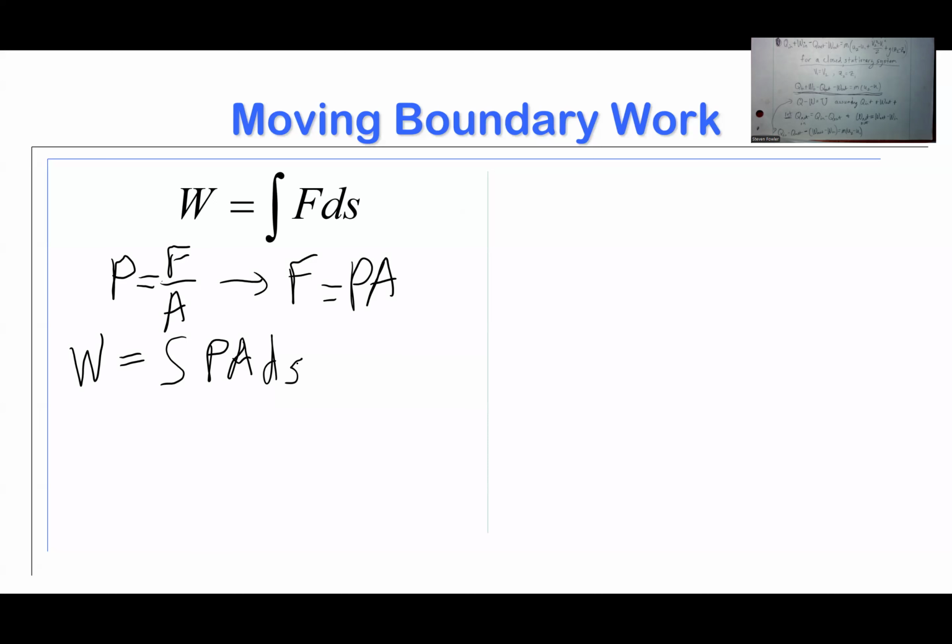Now, a neat little dimensional analysis trick here says that if I take this area and I multiply by a differentially small distance, well, here I would ask my class, okay, what happens when I multiply an area times a distance? What do I get? And I'll wait patiently until somebody tells me volume, right? If I take area times distance, that gives me a volume.